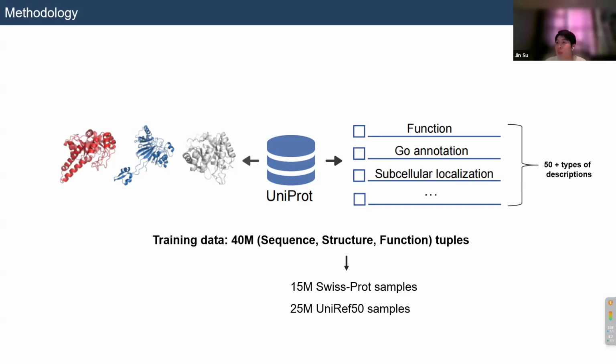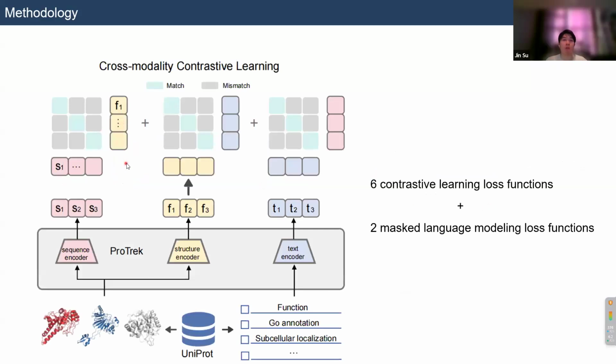Why are there 6 contrastive learning loss functions? Okay. So, for example, for the sequence and the structure, we input a batch to the model during training. Say we have 100 samples, so we have 100 protein sequences and 100 structures.